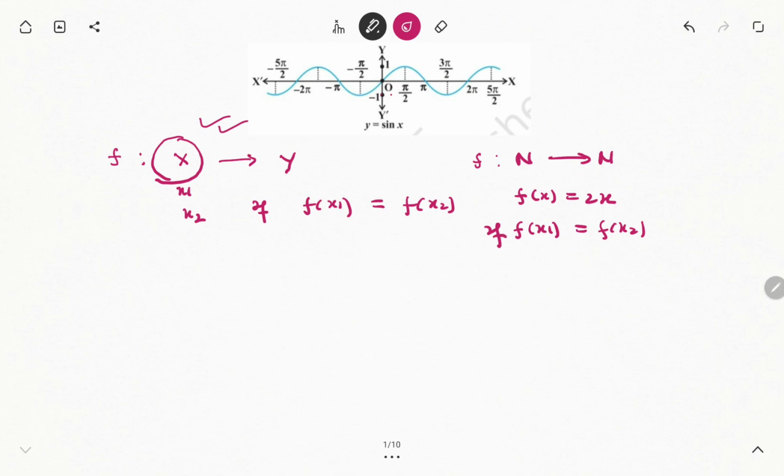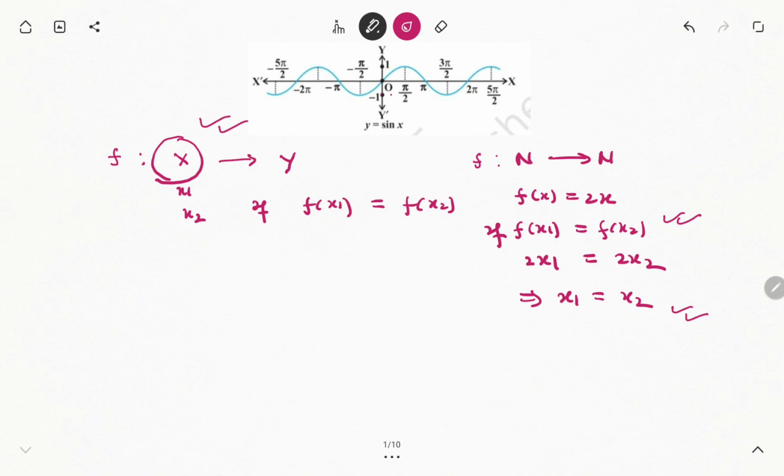If images are same, we will prove that the elements are also same. By definition, this is 2x1 and this will be 2x2. 2 cancels, which implies x1 is equal to x2. So we are starting with images being the same and proving that the elements are also the same.